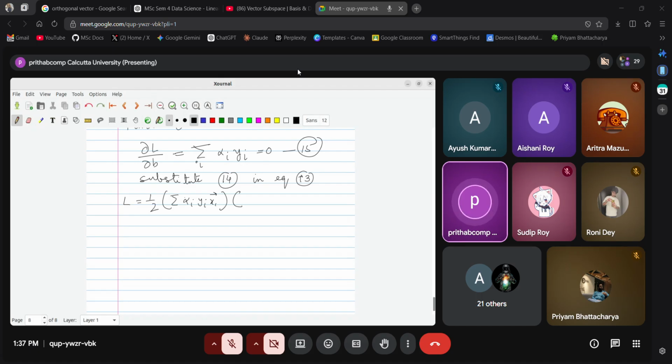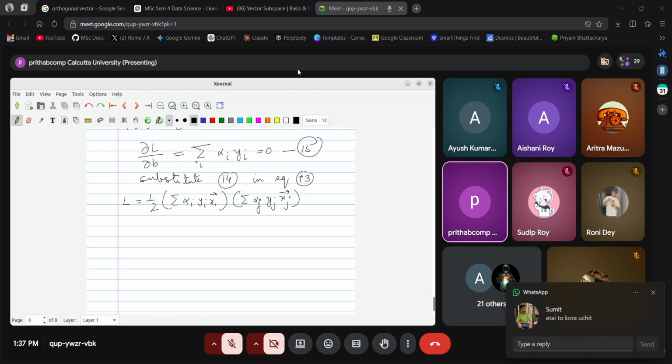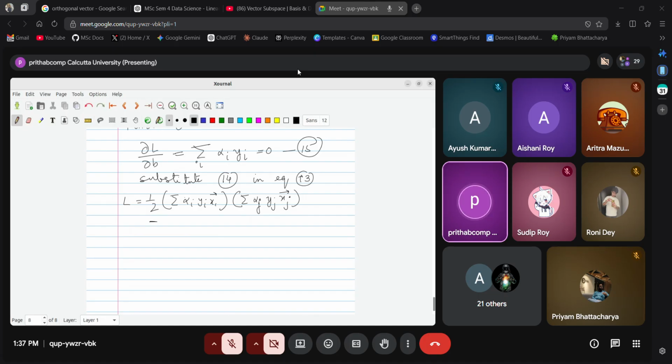I'm writing it twice because it was a square, the summation alpha j yj xj. Then minus alpha i yi xi into the summation, I'm just substituting.